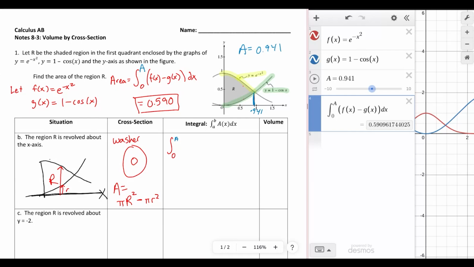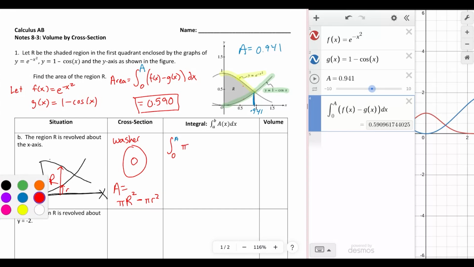Good question. Now, all these washer problems are going to be set up like pi r squared minus pi r squared. Both of those two terms have a constant coefficient of pi. So to simplify, let's write it out and then we can simplify it a little bit later, just like we did last time.